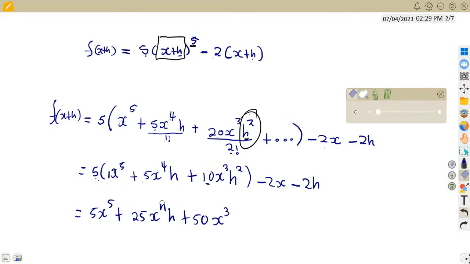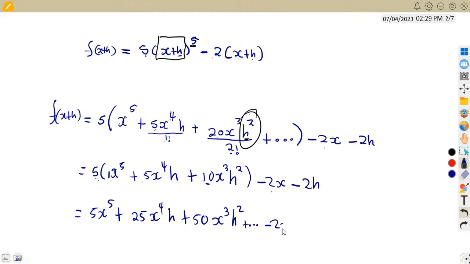Why am I writing my 4 like h? This is 4 here, guys. All right. So that is a 4 there. And this is h squared. All right. Remember, we said there are so many digits that we are going to have plus and so on and so on. Then we are going to have minus 2x minus 2h.